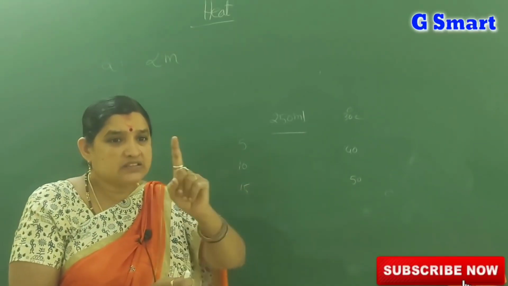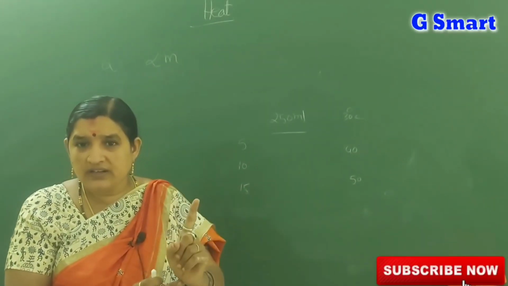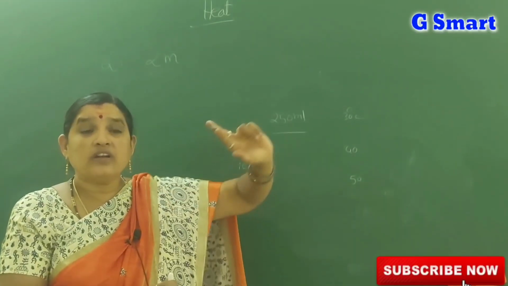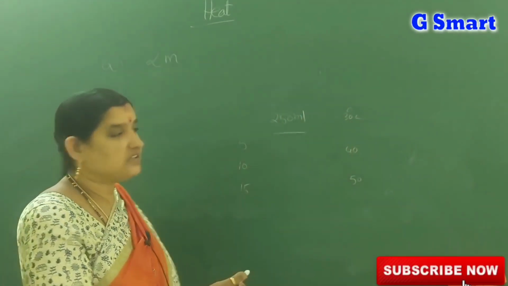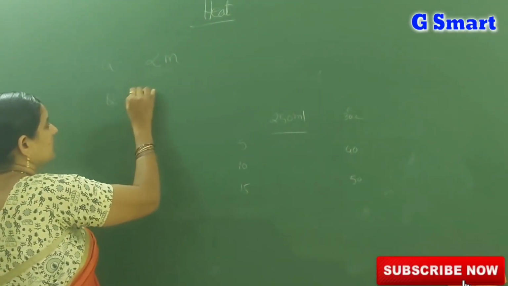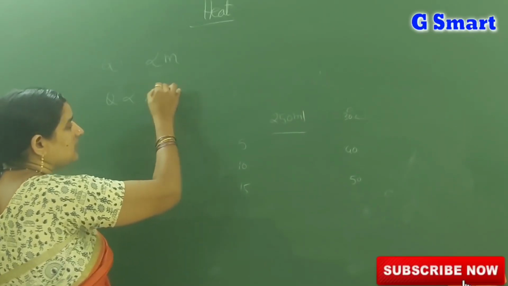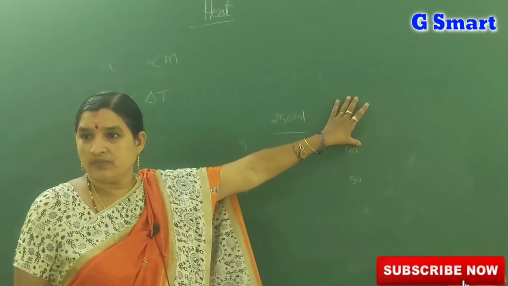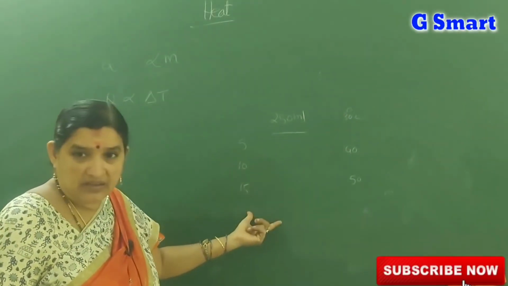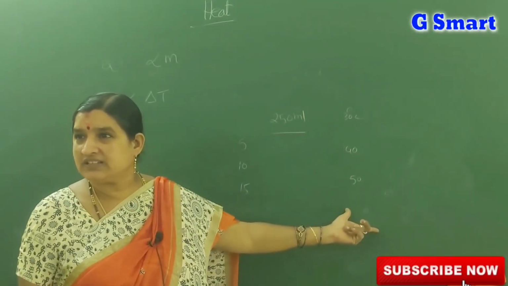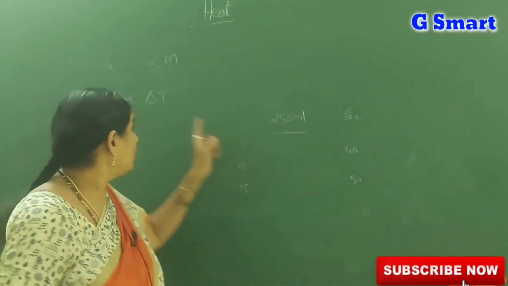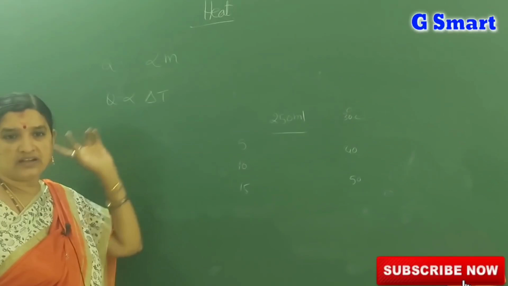The difference in time is 1 unit. For a unit of time, the difference between the temperatures is called delta T. Q is proportional to delta T, the change in temperature also. When the time increases, the temperature also increases. So, Q is proportional to delta T.